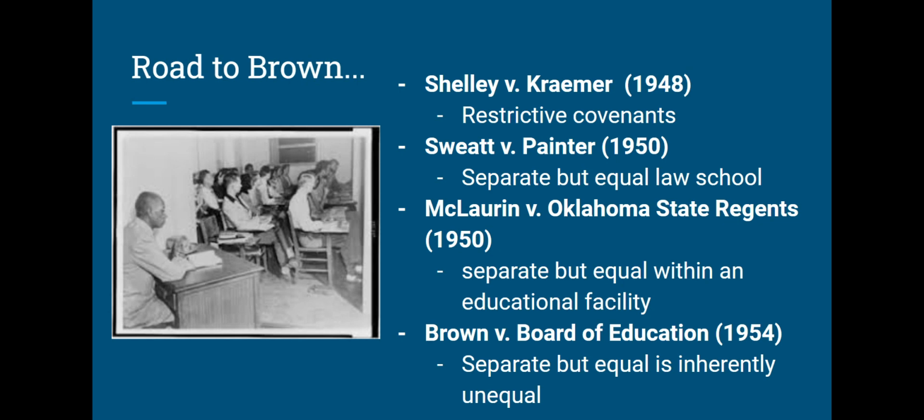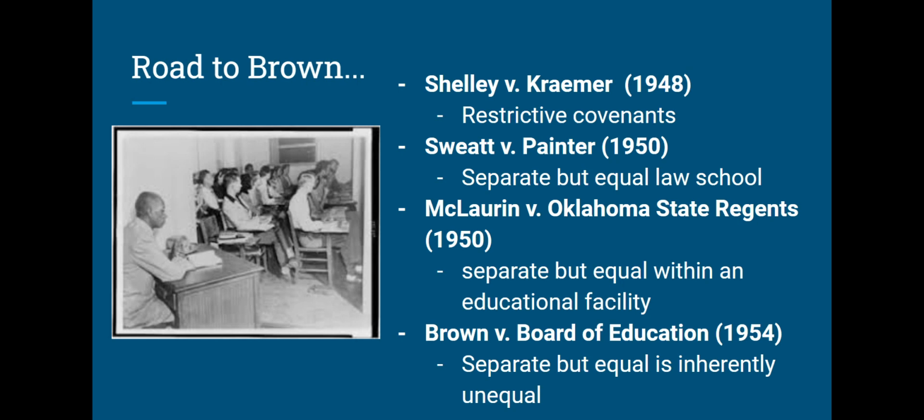And they created this shoddy little law school to say that, oh, well, we do have a separate law school for Mr. Sweat. But it was nothing like University of Texas. And so the Supreme Court said, look, that is separate, but it's not equal. There's no law library. There's like a couple of professors that don't have the experience. There's not the same prestige as the University of Texas, so it is not equal.